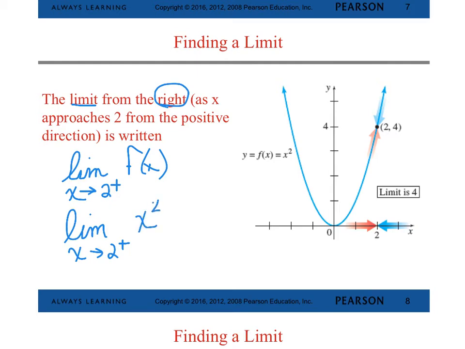That's the name of our function, or the rule for our function. And in both cases, again, you see with the blue arrow approaching the x value of 2 that the limit, or the f of x value, approaches 4.